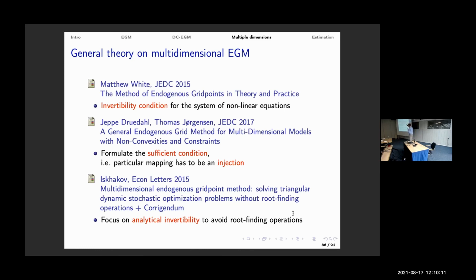Matt White has the invertibility condition for the system of nonlinear equations that has to hold for the model to be solvable. Again, Druedal and Jorgensen have sufficient conditions. And I also have a little paper where I focus on which models can be solved without root finding operations, because I think that's a real benefit of using EGM.